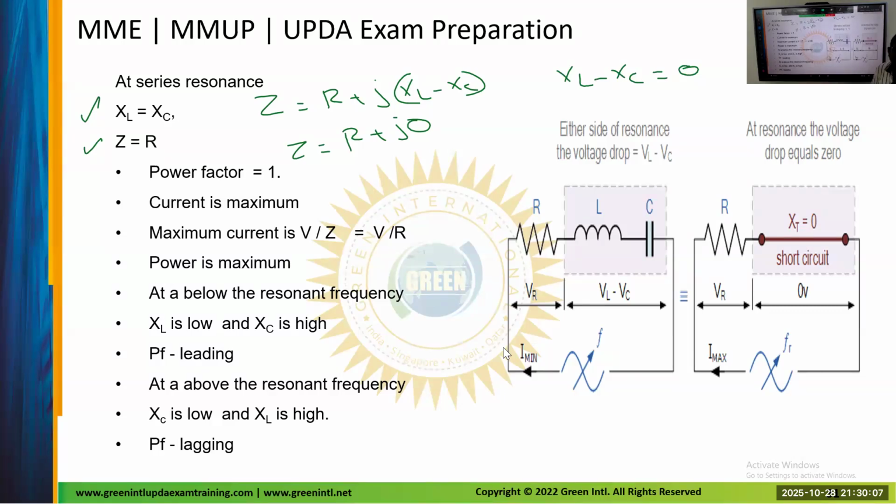What is the unit? X is reactance. Reactance unit is ohms. So 0 ohms. Correct? What is the meaning of 0 ohms? Short circuit. So see that resistance, inductance, capacitance for any frequency. At resonant frequency, it becomes a short circuit.